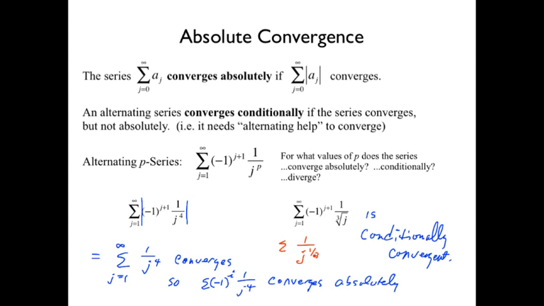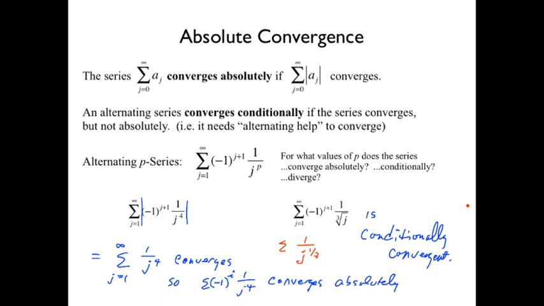So that's a p-series with p equal to 1/3. So that diverges. But this converges by the alternating series test. Because this diverges, this can't be absolutely convergent. But when it has the alternating help, it converges. So it's conditionally convergent. Is it better? Okay.